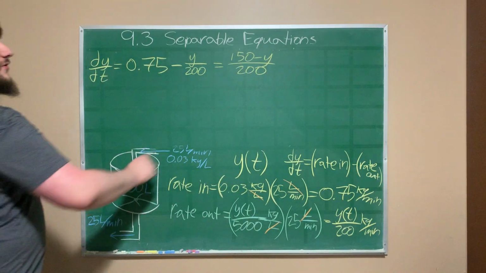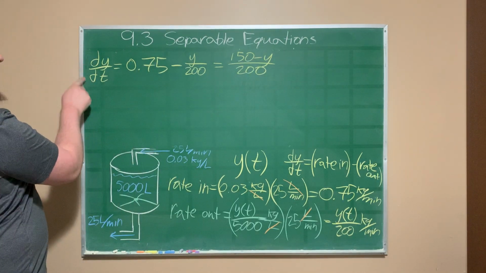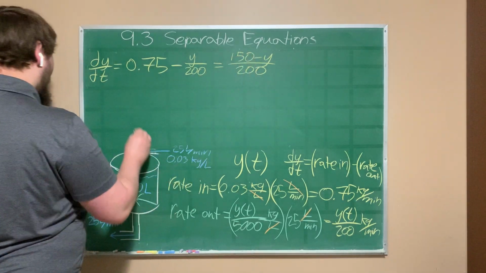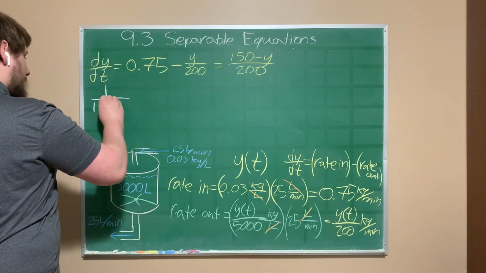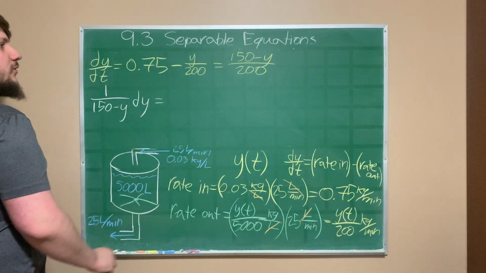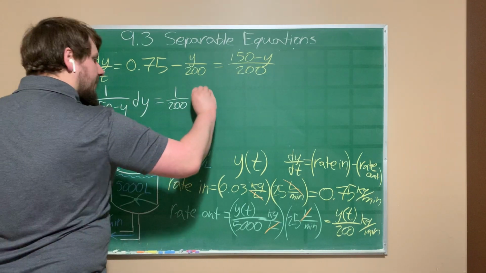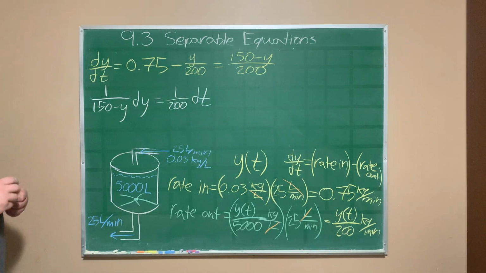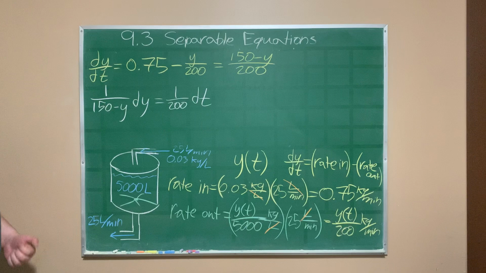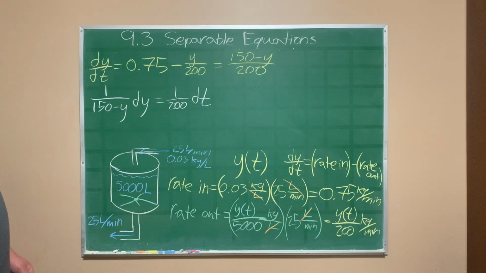Now I can divide both sides by the 150 minus y to move that to the other side, and multiply both sides by dt. So we're going to have 1 over (150 minus y) times dy is equal to 1 over 200 times dt. We have now separated our differential equation so that all of the y's are on one side with the dy. There are no t's, so we don't have to worry about putting them with the dt, but if there were any, we could do that as well.